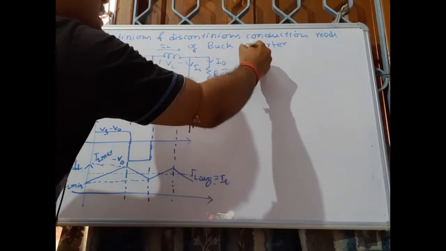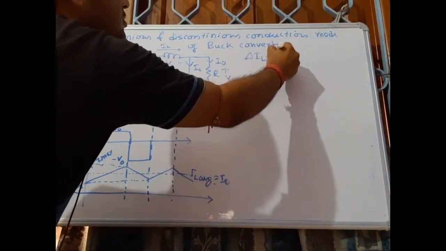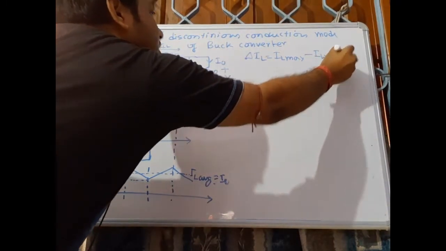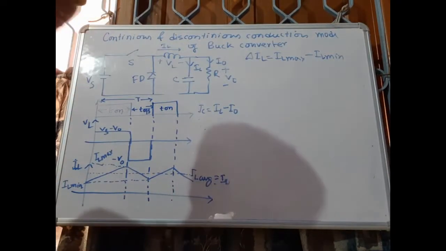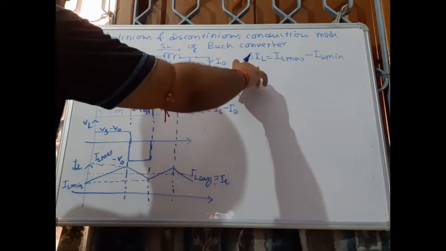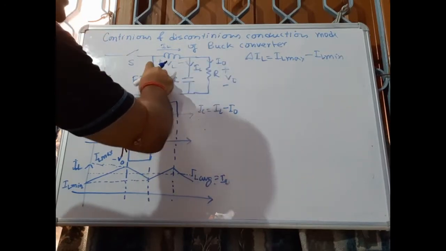So this delta IL, equal to IL max minus IL min, is called the ripple current flowing through the inductor.